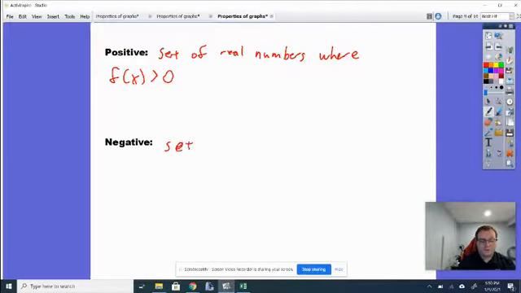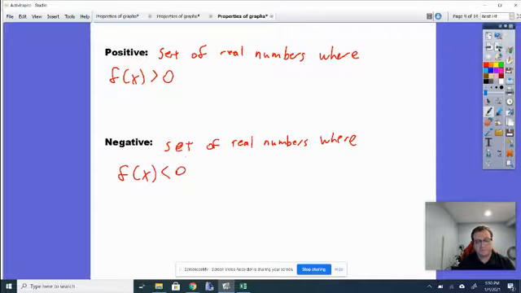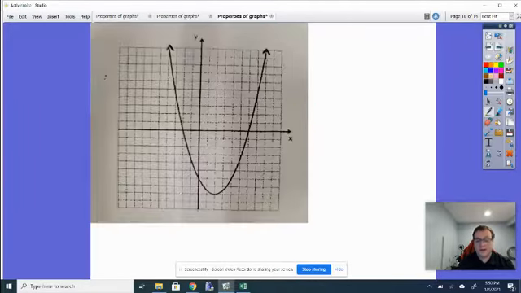Conversely, the set of real numbers where f of x is less than 0. Again, 2 notations here. Oops, let's just make that blue so it matches what I'm about to do.